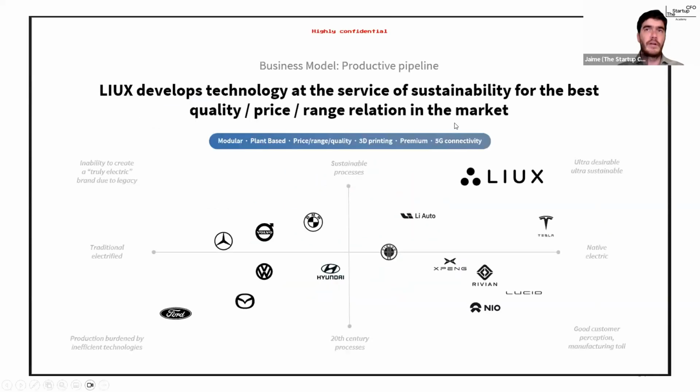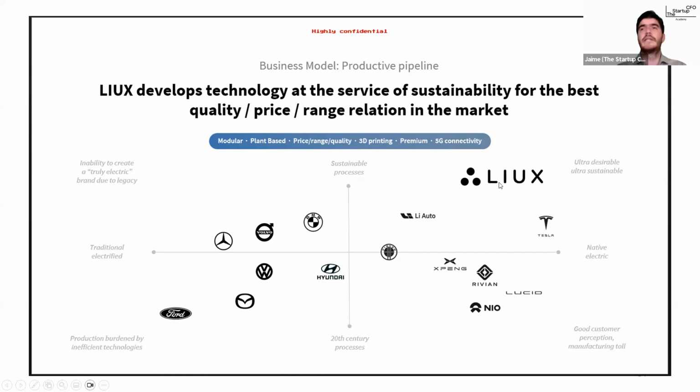And this one is from one of our clients, Leux. Leux is actually one of our coolest clients. They are an electric car brand. Cars usually, for the building process, can be sustainable or can be a 20th century process. They are traditional electrified incumbents, or native electric solutions.